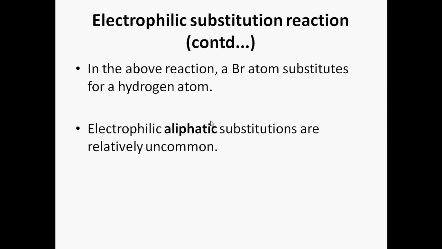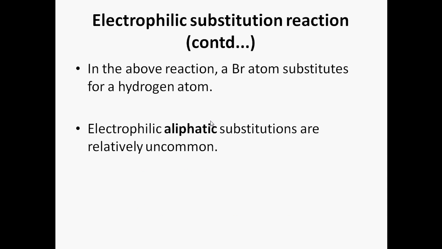So the difference between the nucleophilic substitution reaction and the electrophilic substitution reaction is that in nucleophilic substitution, nucleophiles are involved, that is electron rich species, and in electrophilic substitution, electrophiles, that is electron deficient species, are involved.